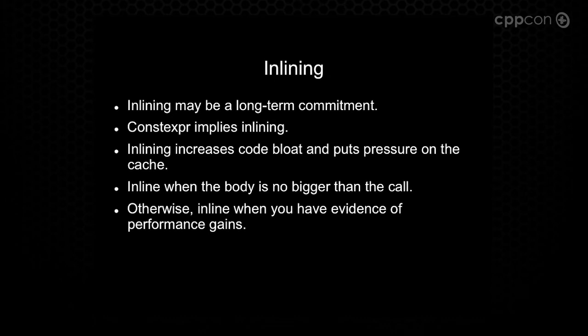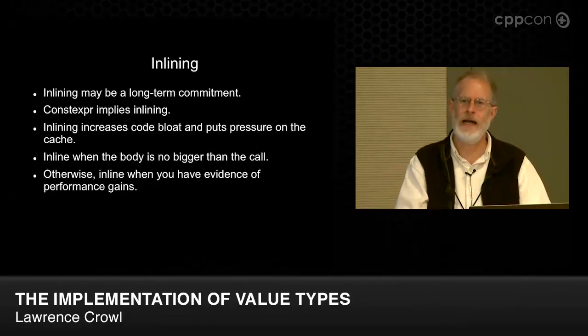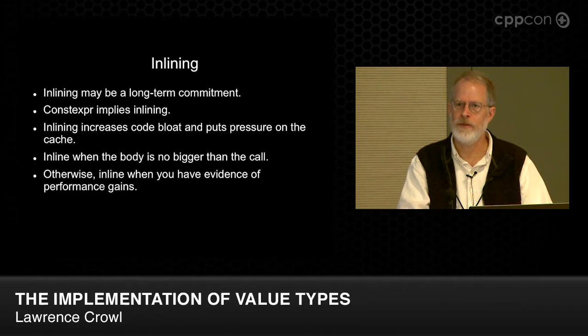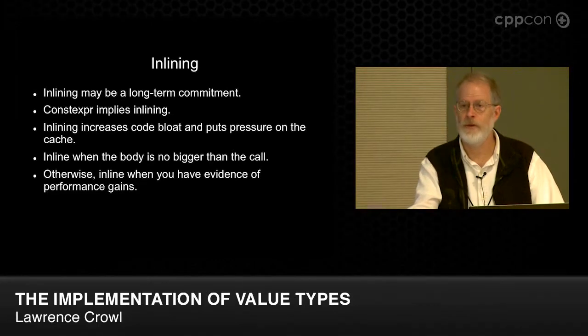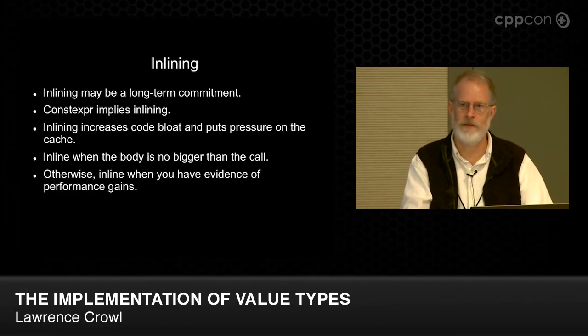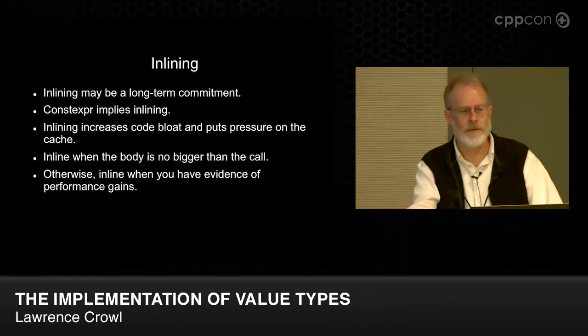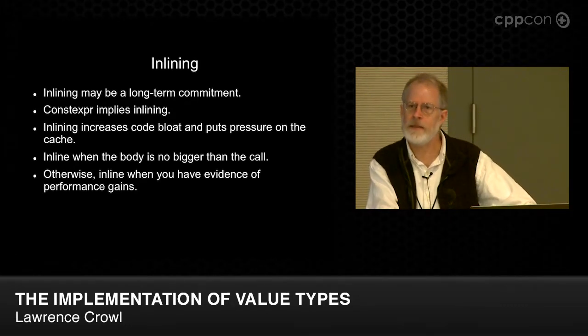Inlining. Inlining is probably the biggest decision you never want to make. The big problem is if you have any ABI binary compatibility constraints, writing an inline function could turn into a very long-term commitment. So you want to be careful about inlining. It basically says nothing about this type is ever going to change. Inlining, the performance can sometimes be erratic, right?